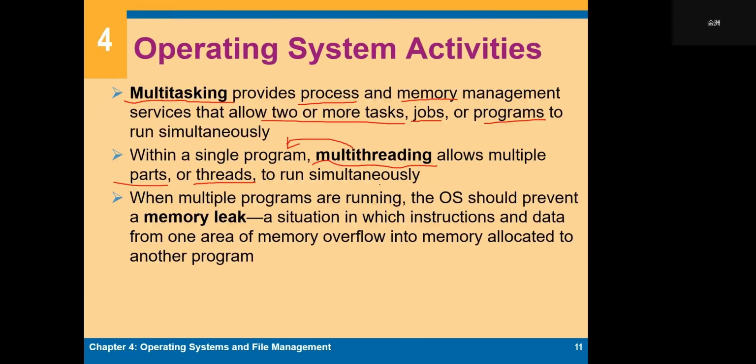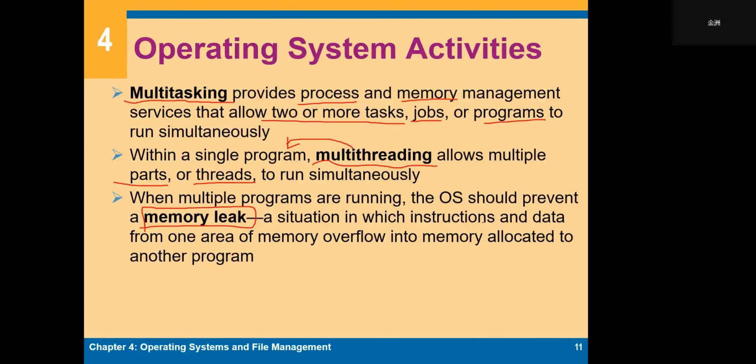One more important thing is that when we allow multitasking or multi-threading or multi-processing, the operating system should prevent memory leakage, because we have already said in our previous classes, the computer uses finite space to represent the infinite world. So the memory is important, and overflow is quite a frequently occurring phenomenon in the computer.